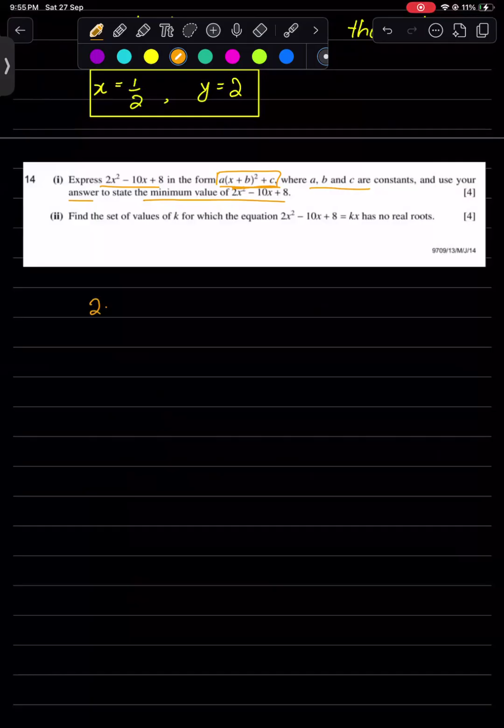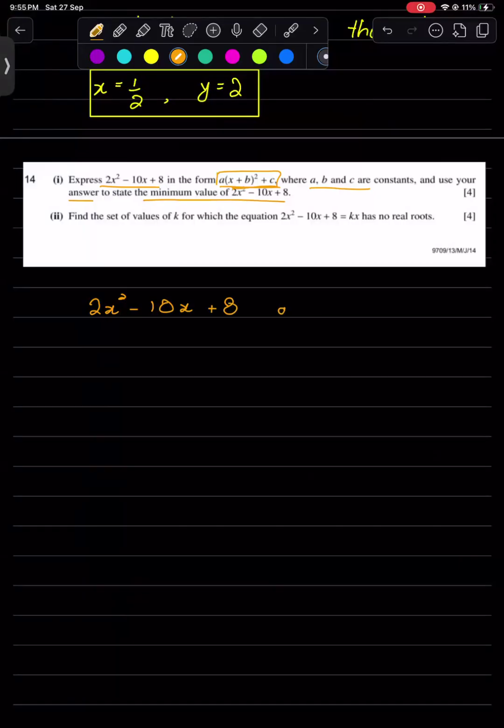Yes. So 2x squared minus 10x plus 8 as a x plus b whole square plus c. Can you try doing it?